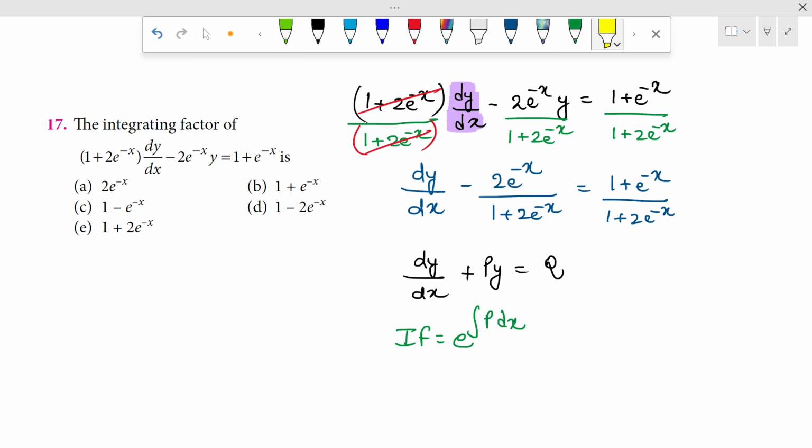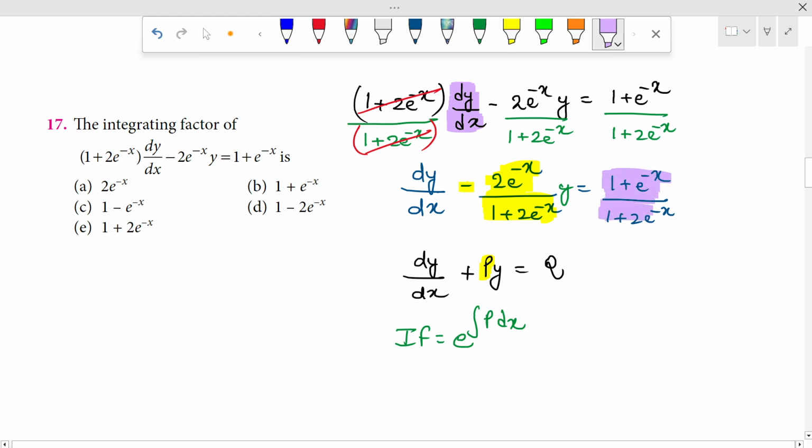Now, if you compare P and Q over here, my P is minus 2e^x by (1 plus 2e^x), and my Q is this, isn't it?